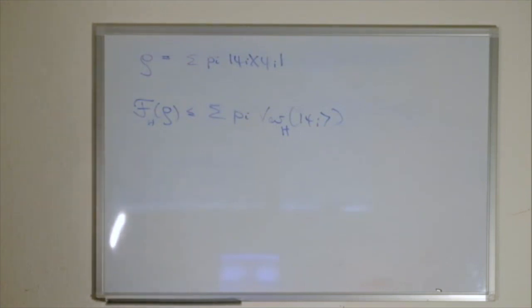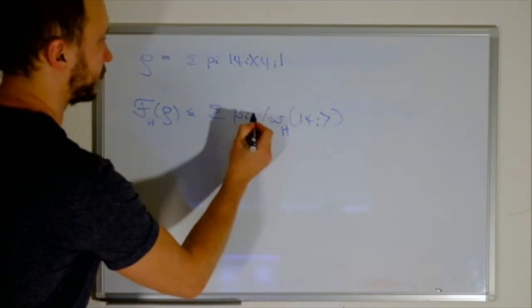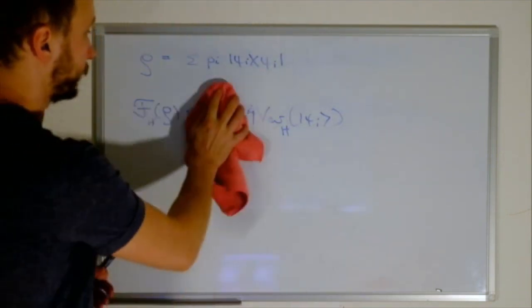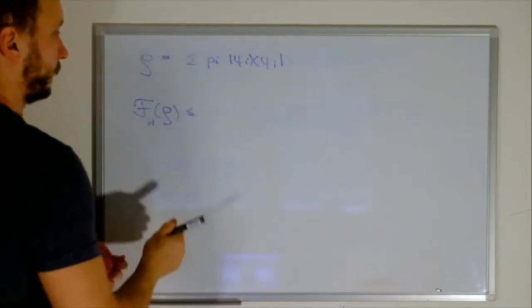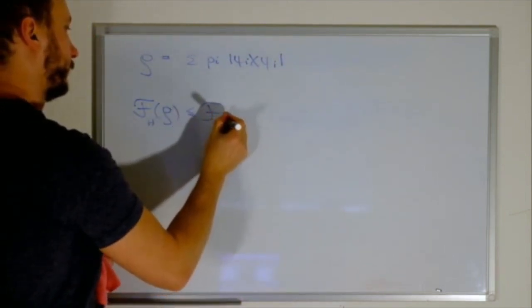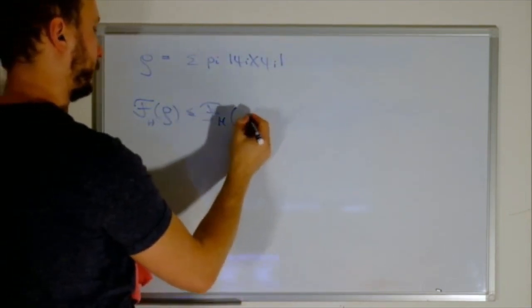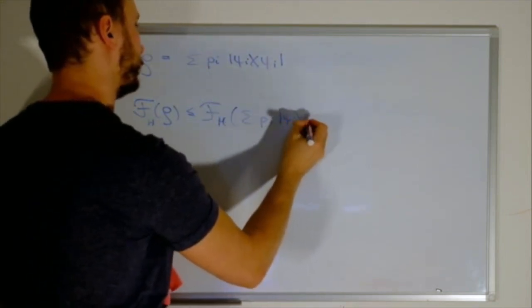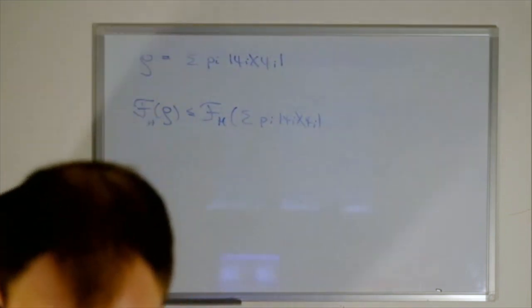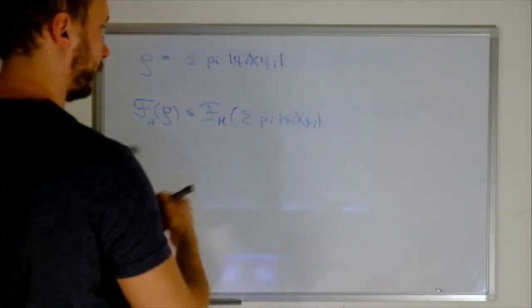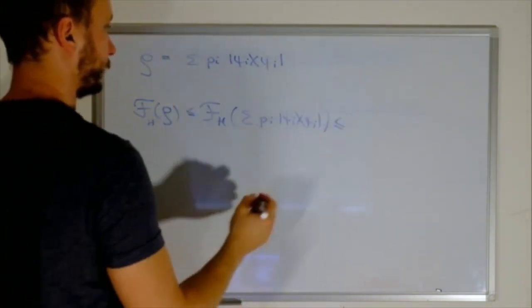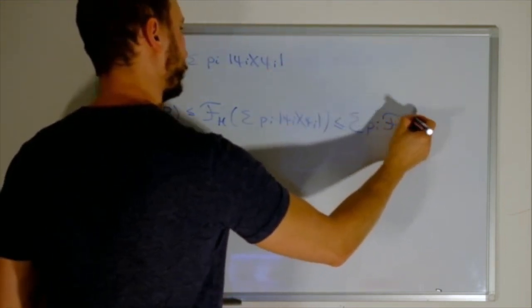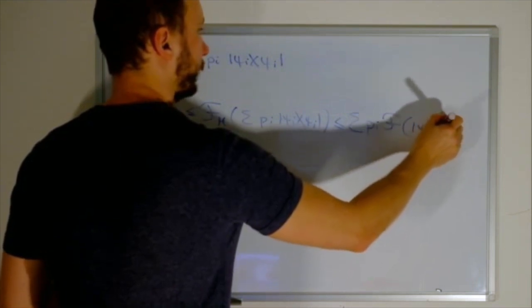So how do we know it? Well, we just know it from convexity of the Fisher information, right? So we obviously know that the Fisher information of the sum of p_i psi_i, by convexity, is smaller than or equal to the sum of p_i times the Fisher information of each pure state.